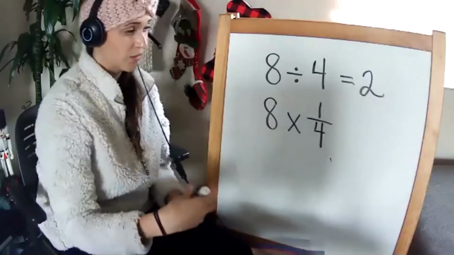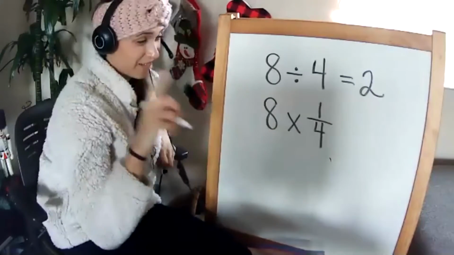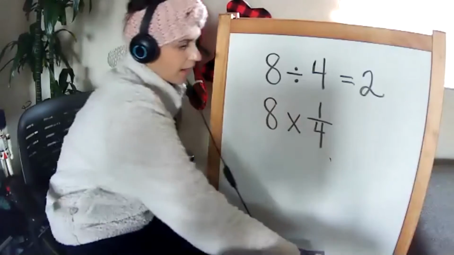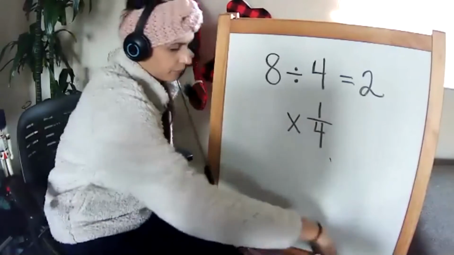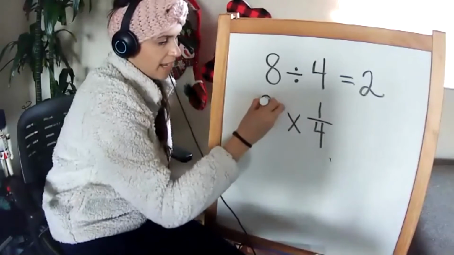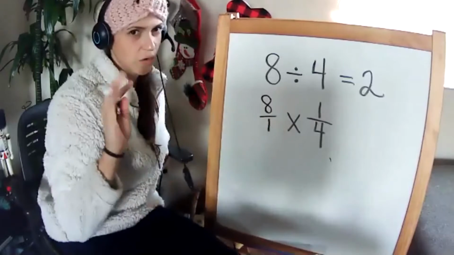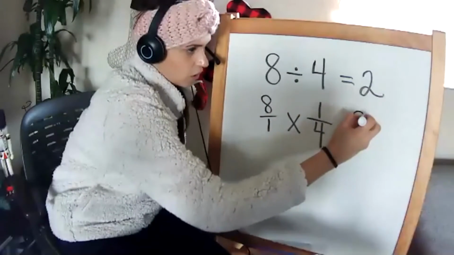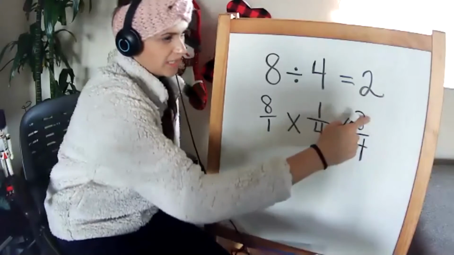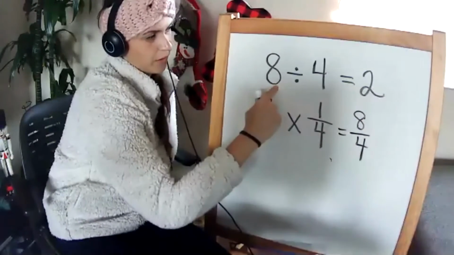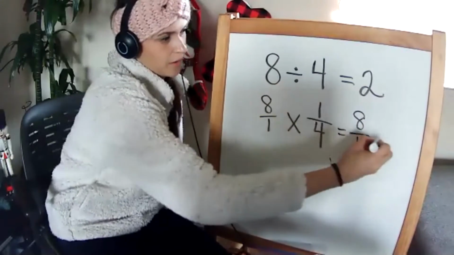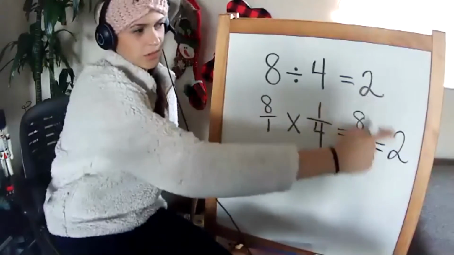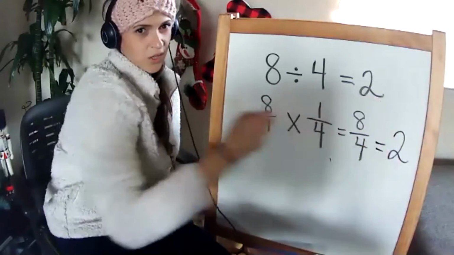Ready? 8 times 1/4. I'm going to put my 8 over 1. Are you with me so far? Yes. And then I get 8 over 4, which is 8 divided by 4, which equals 2. That's so cool.